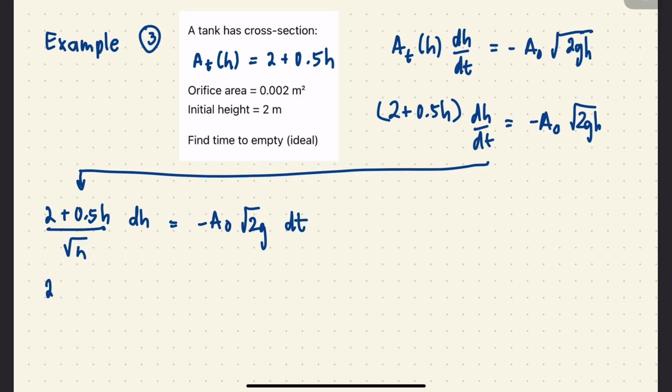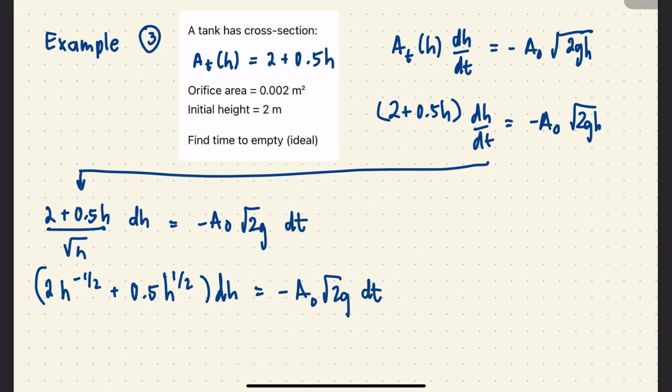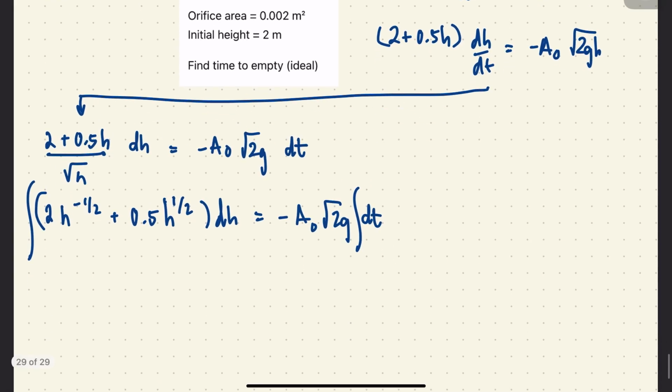So this becomes 2 h raised to negative 1 half plus 0.5 times h raised to 1 minus 1 half, so h raised to 1 half, quantity dh is equal to negative A sub o square root of 2g dt. So at this point, when you integrate, we can integrate this separately.